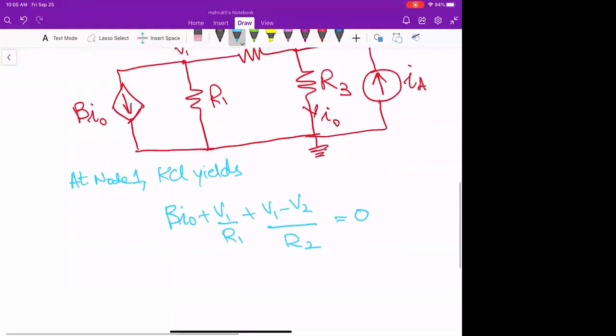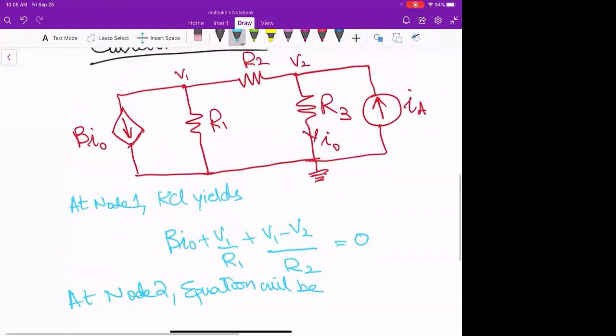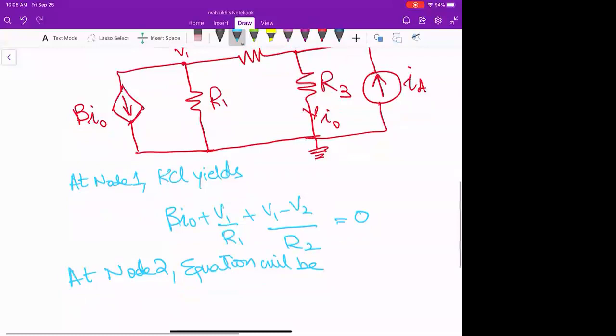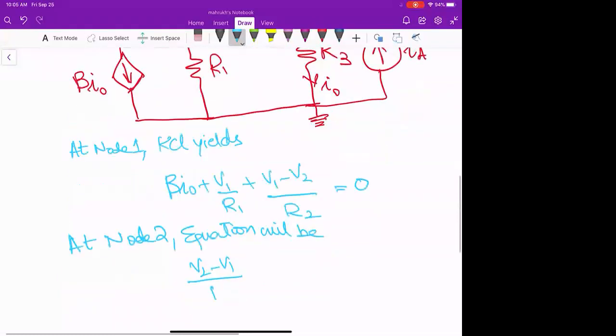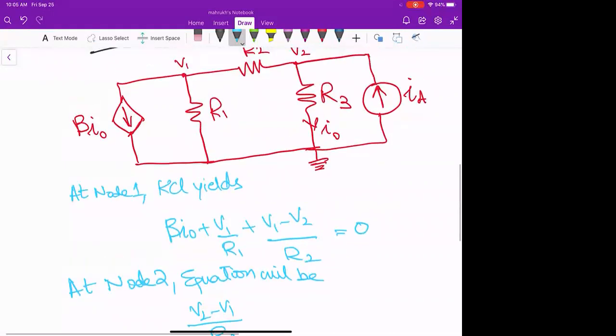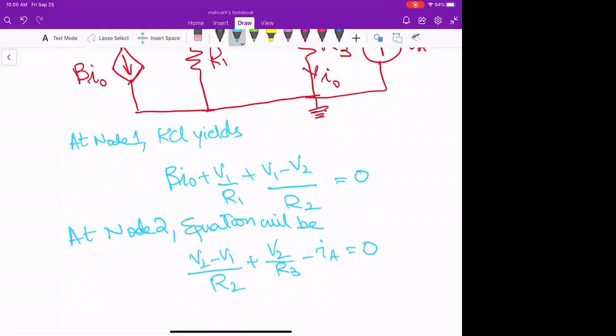And at node 2, the equation will be V2 minus V1 over R2 plus V2 by R3 minus IA is equal to 0. So we are good, right?